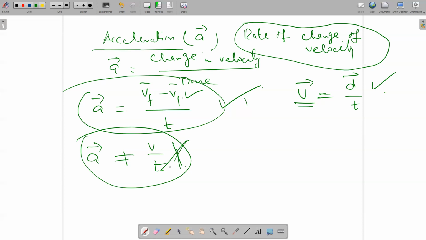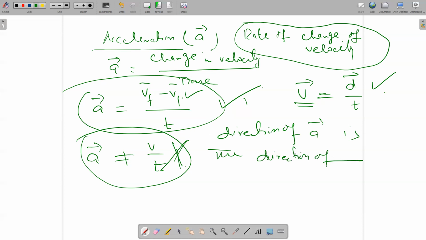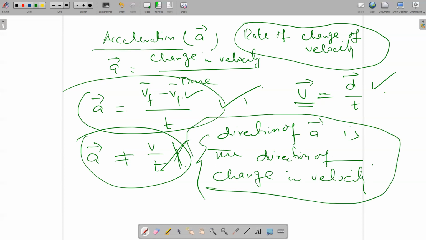No, you always say that the direction of a is the direction of change in velocity. I will explain this in free fall motion.